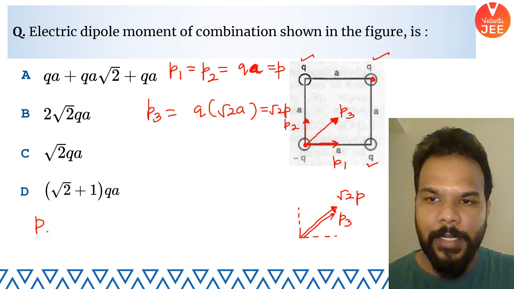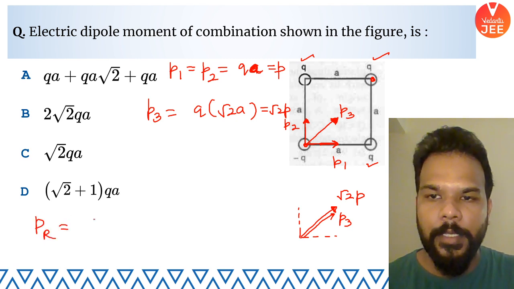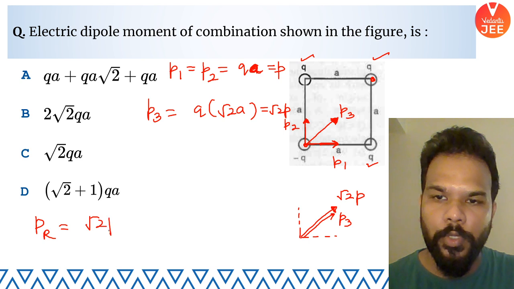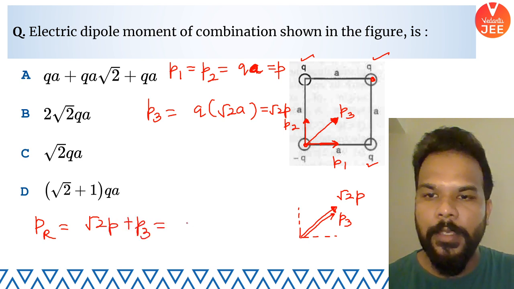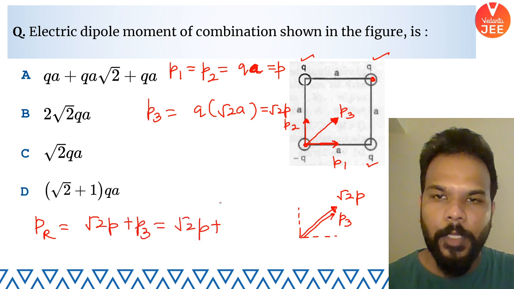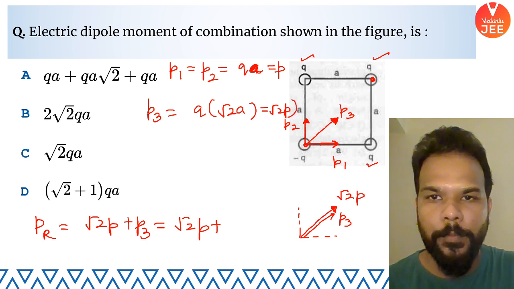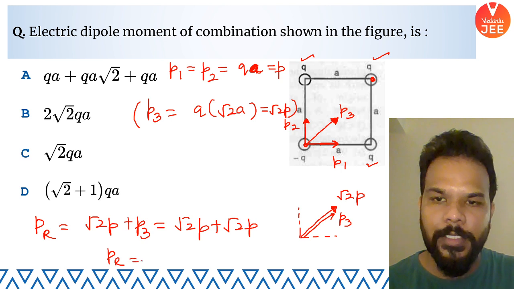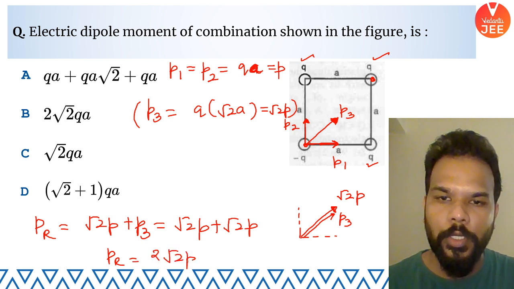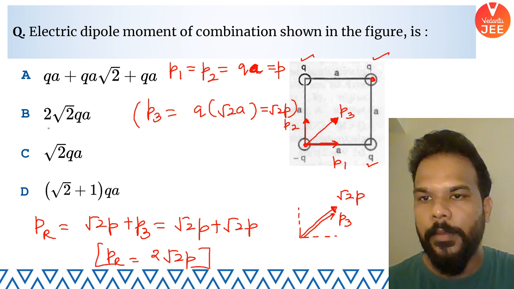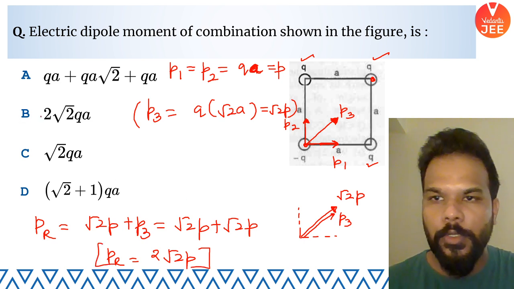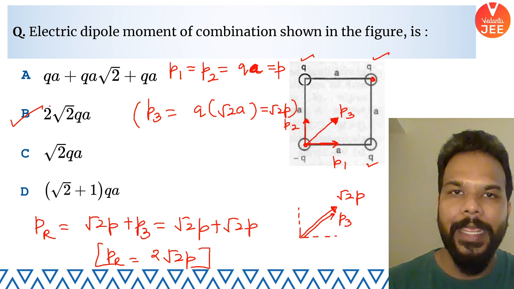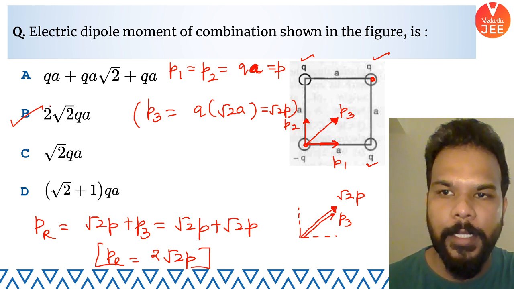So the net resultant P_R is going to be, magnitude wise, root 2 P plus P3, and fortunately P3 is also root 2 P only. So the correct answer of the resultant dipole moment is 2 root 2 P, which is basically 2 root 2 Q into a. Okay guys, that's our correct answer, option B.